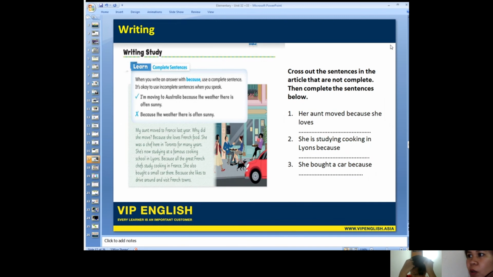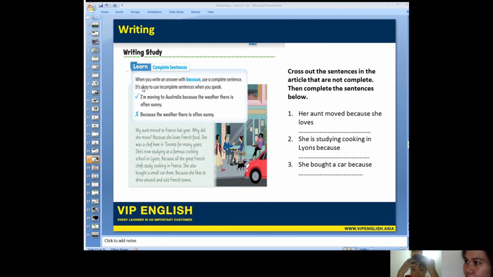Now let's move here. So we will continue to learn how to use because. Okay, so when you write an answer with because, use a complete sentence.